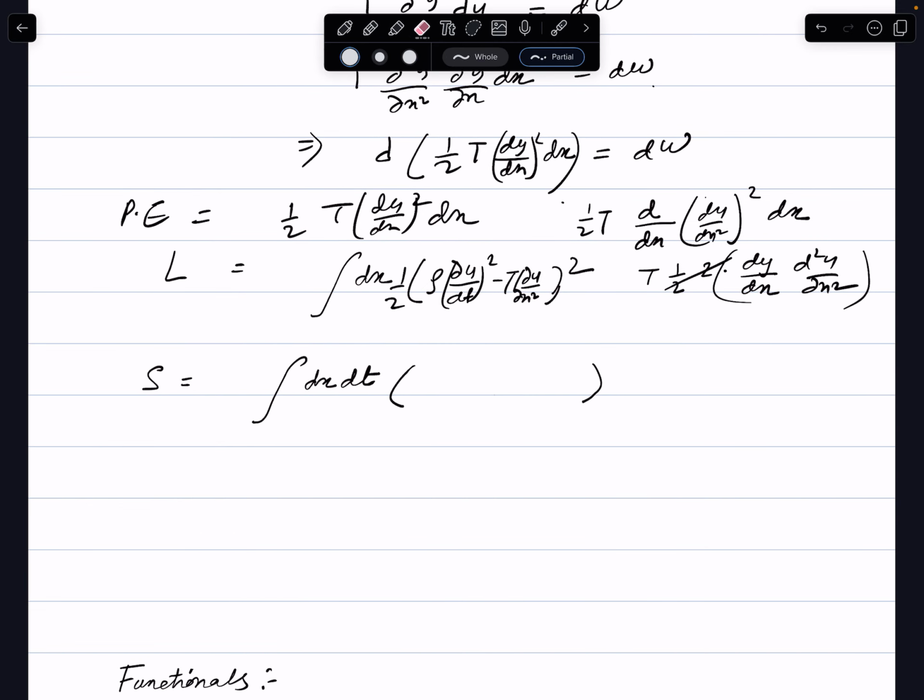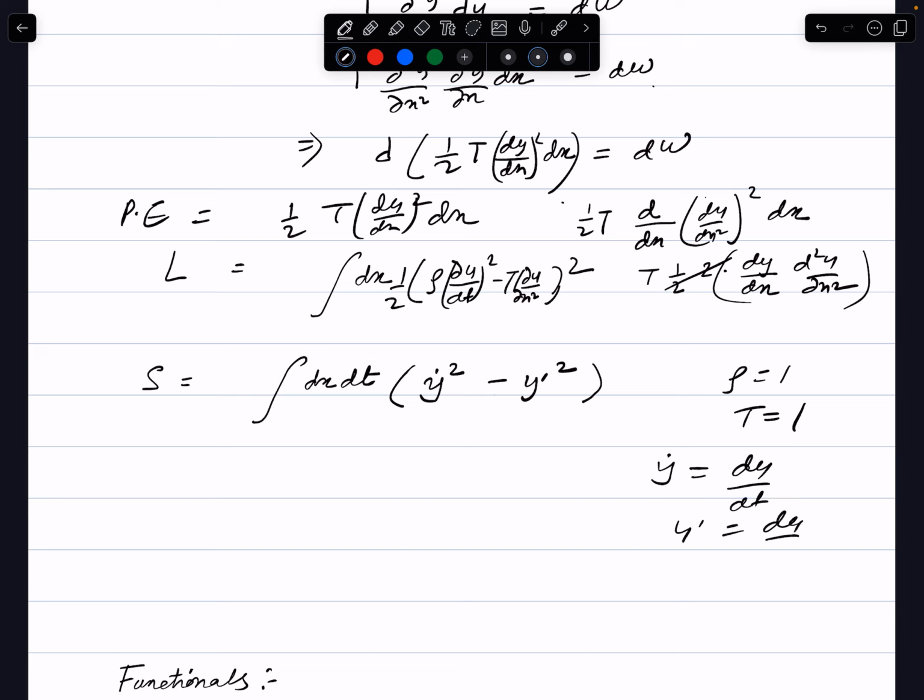Actually, let me for simplicity just put rho is equal to 1, T is equal to 1. Just consider a simple case. Then I can write this as y dot square minus y prime square, where y dot is dy dt and y prime is dy dx. Just simplifying the notation a little bit, and there's a half outside. So this is the action.